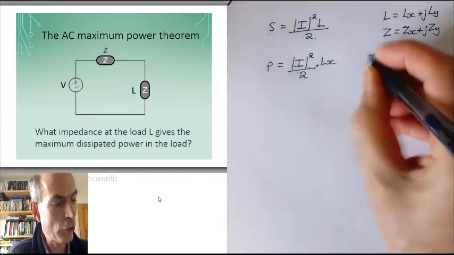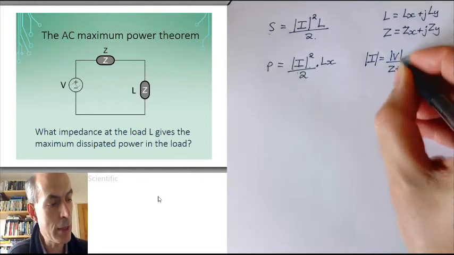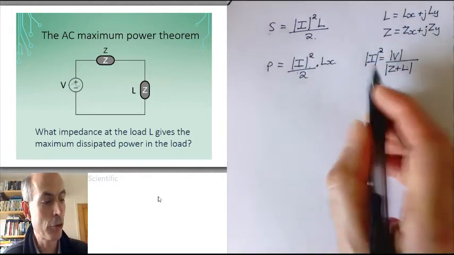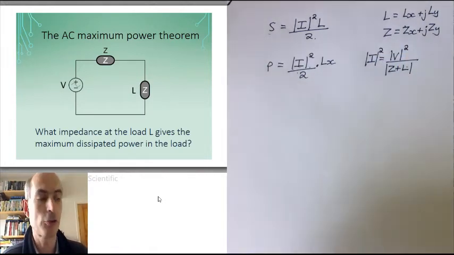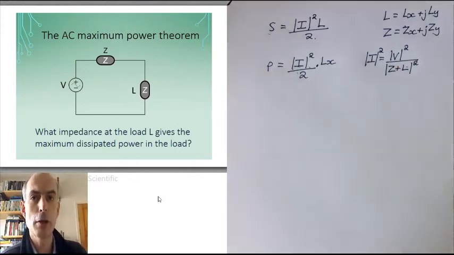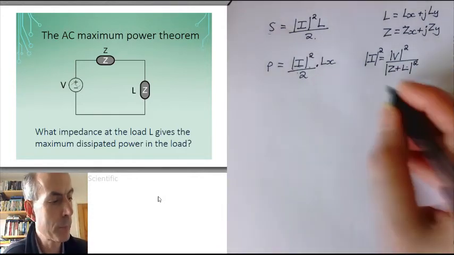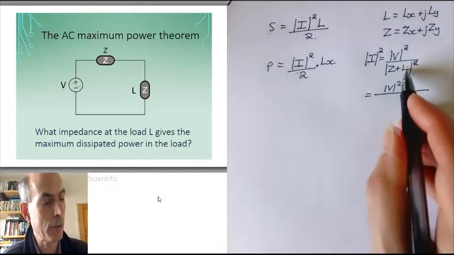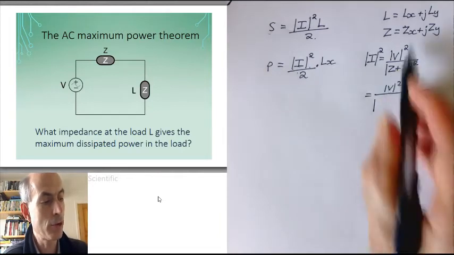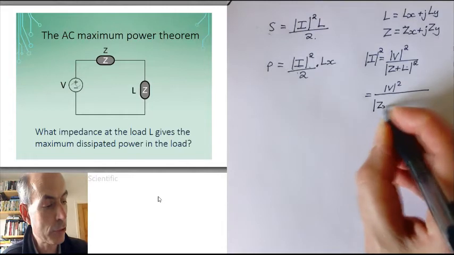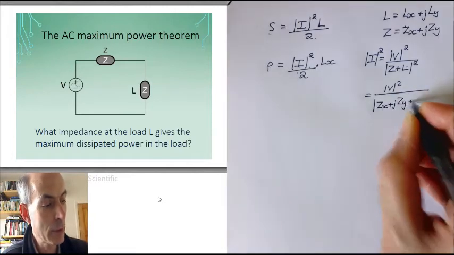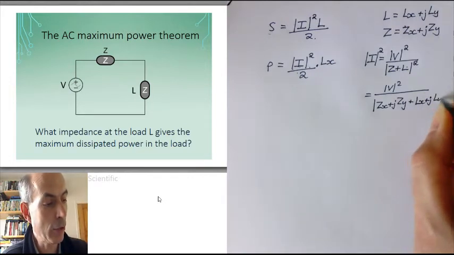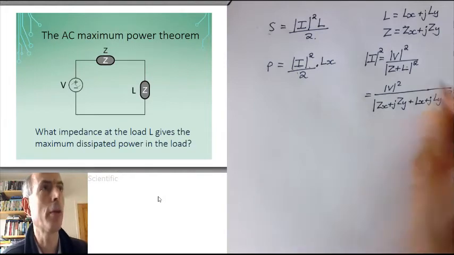Well, if we take the modulus of I, that's just the modulus of V divided by the modulus of Z plus L. And the square of the modulus of I is the square of the modulus of V divided by the square of the modulus of Z plus L, which is the modulus of Z, which we could write as Zx plus jZy, plus L, which we can write as Lx plus jLy, and all that gets squared.